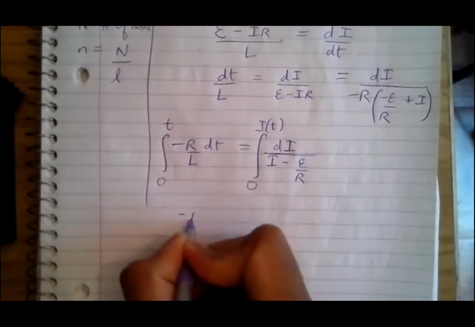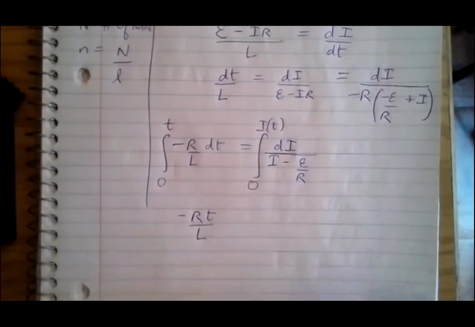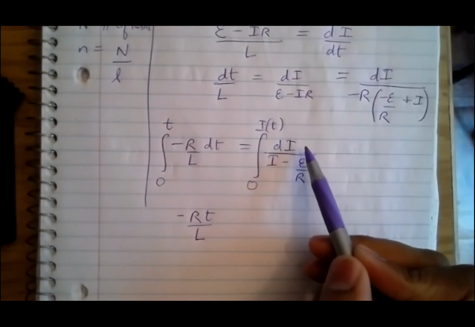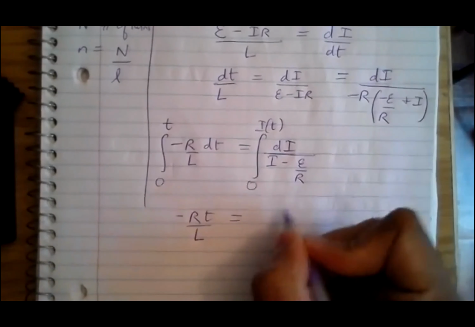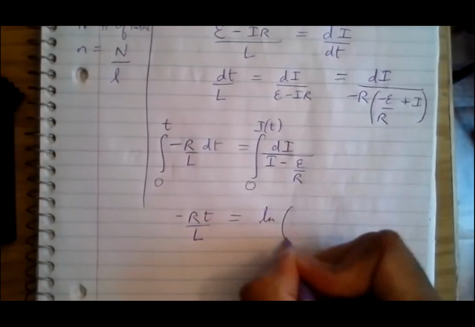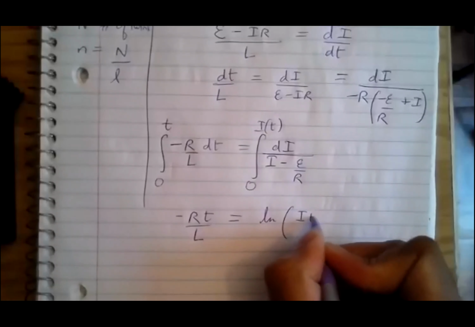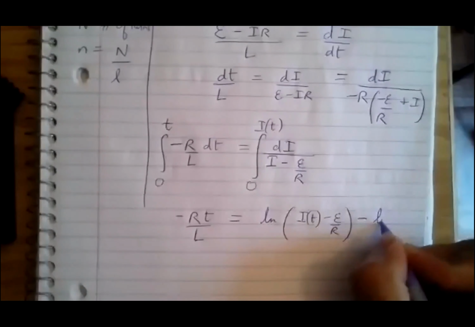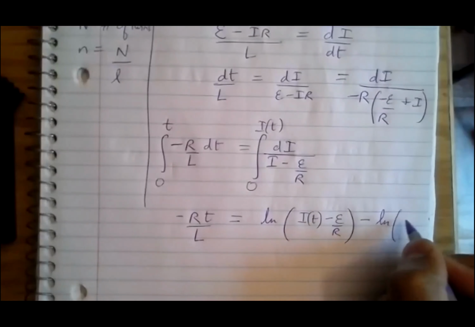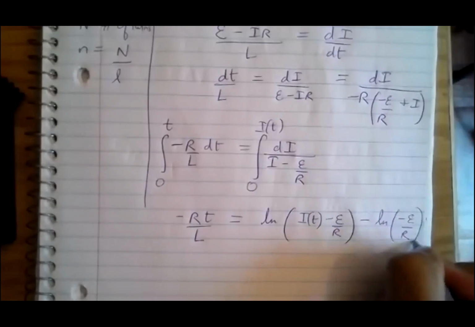That would be just minus Rt over L. On this side, I have di over this, so it's going to be a natural log. So I'll have natural log of I of t minus E over R, minus natural log, and now the I has gone away, so I'll just have minus E over R.